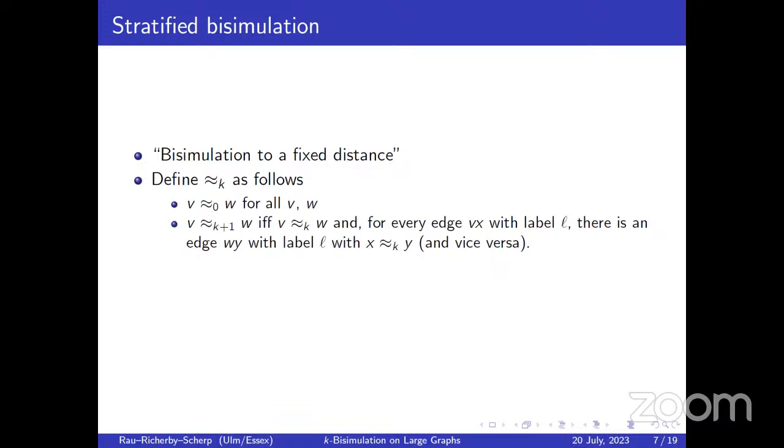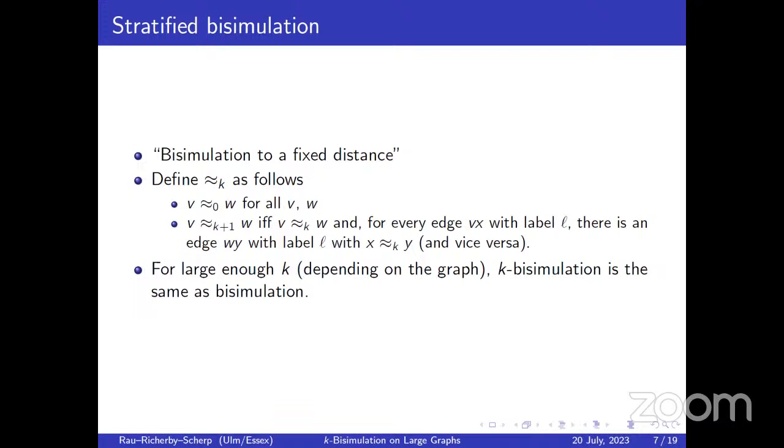Then vertices at level k plus 1 are equivalent if, firstly, they were already equivalent at level k, and secondly, every neighbor that one of them has with a particular label, the other vertex has a neighbor with the same label that is equivalent at level k. And I should mention all of these are vice versa conditions; they're completely symmetric.